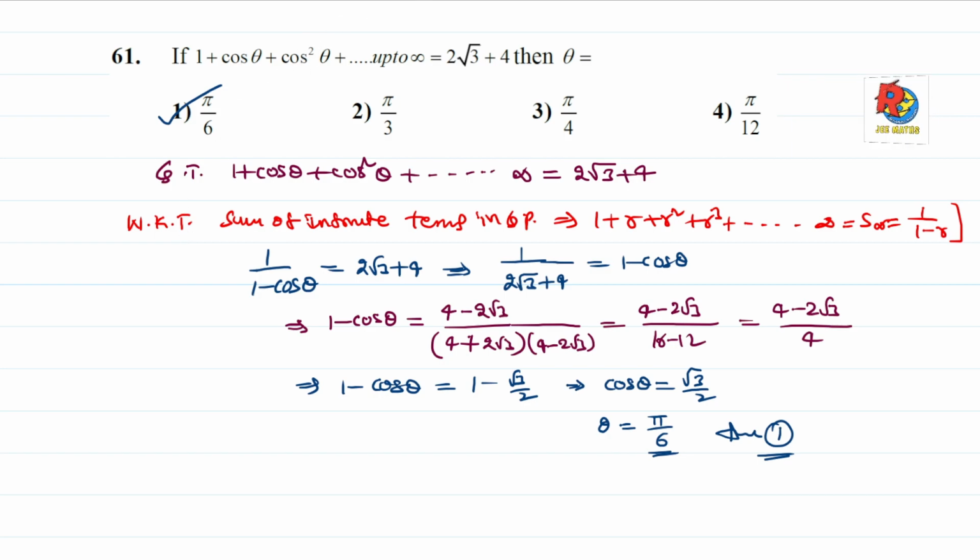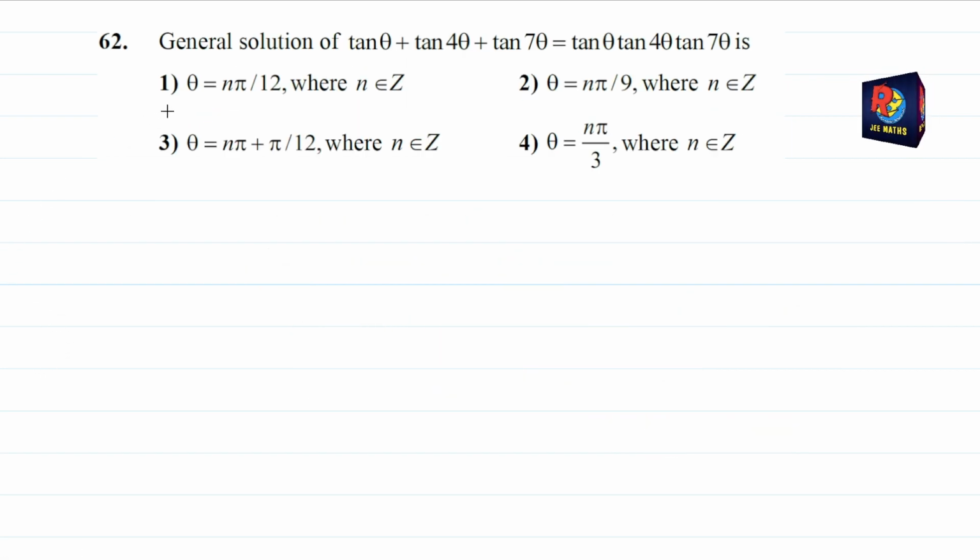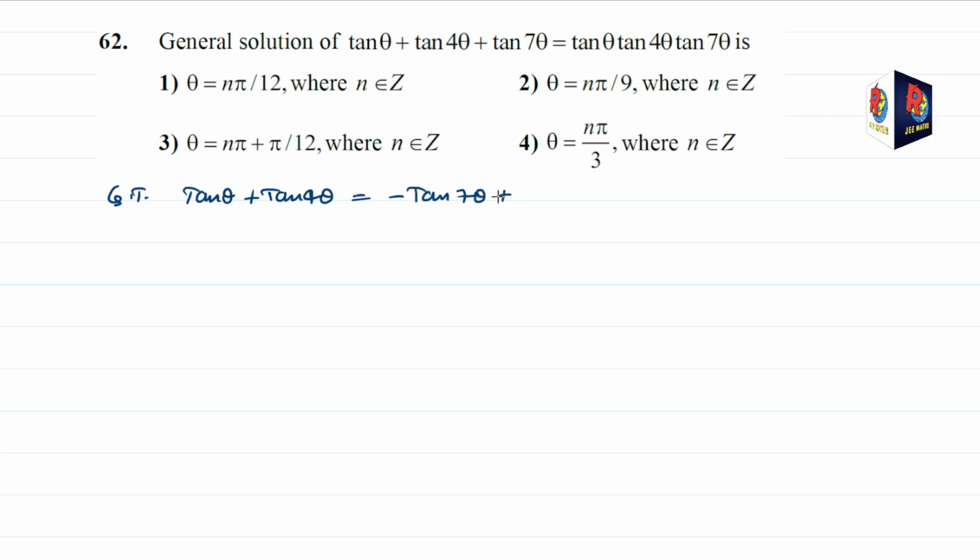Now, if I go for the second question, observe the given information: tan theta plus tan 4 theta minus tan 7 theta equals tan theta tan 4 theta tan 7 theta.